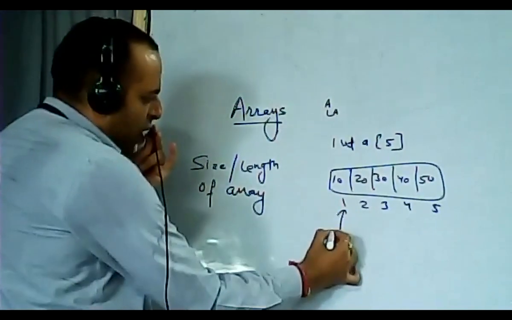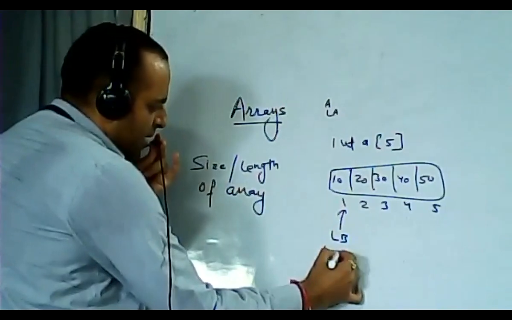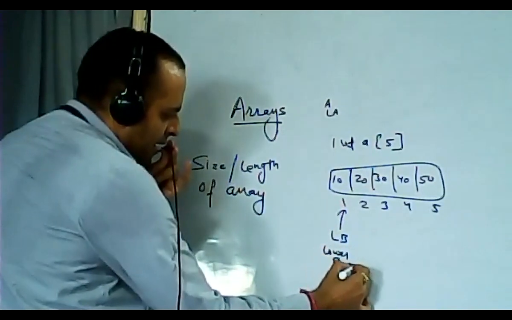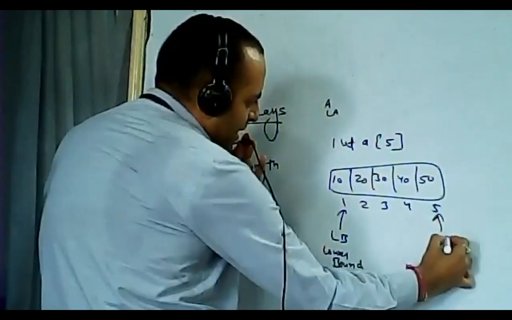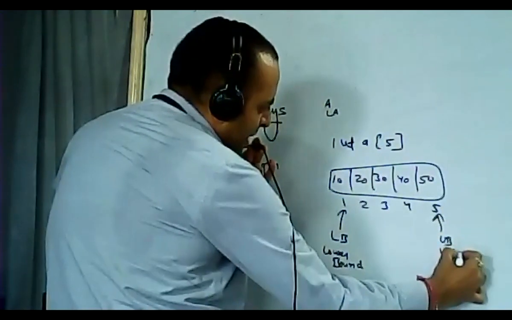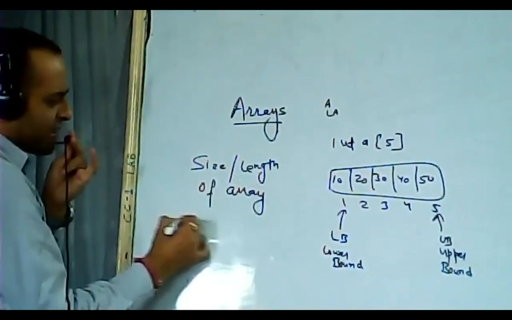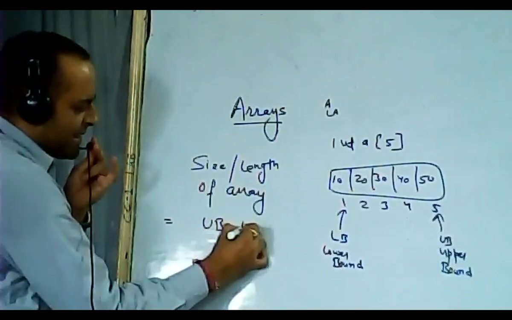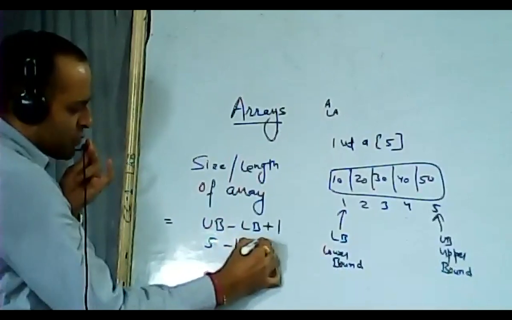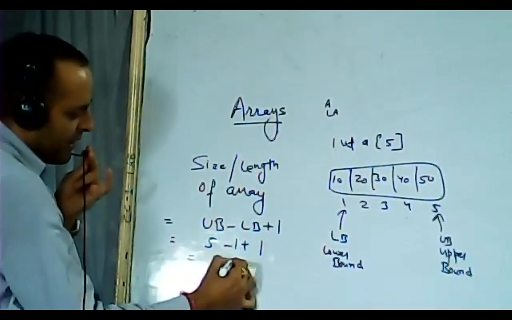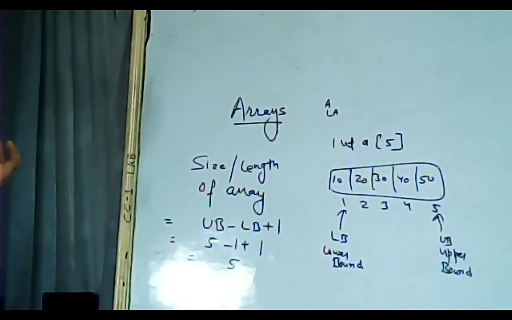The smallest index is called LB, that means lower bound, and the highest index is called UB, upper bound. So length or size of array is calculated by upper bound minus lower bound plus 1. So 5 minus 1 plus 1 comes out to be 5.